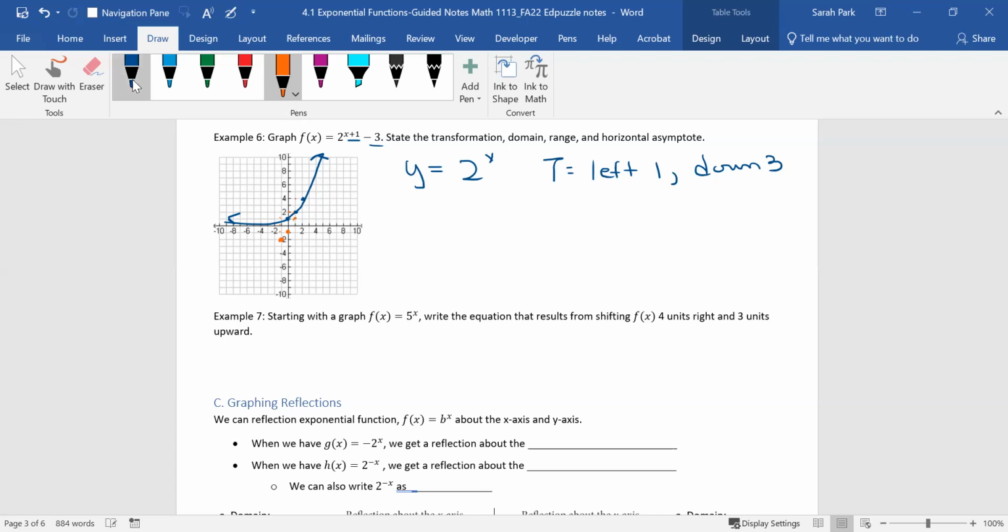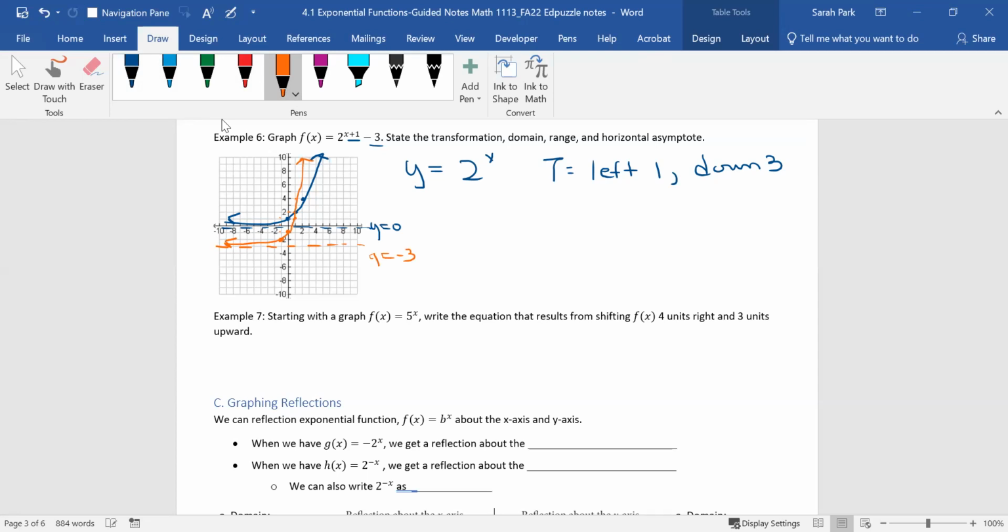And the original horizontal asymptote was at y equals 0, but this is also going to shift down to y equals -3, which is right here. So using that as a guide, my exponential function f of x is going to look like that.